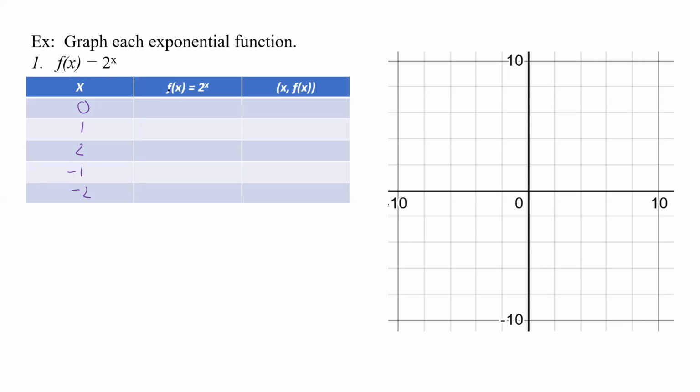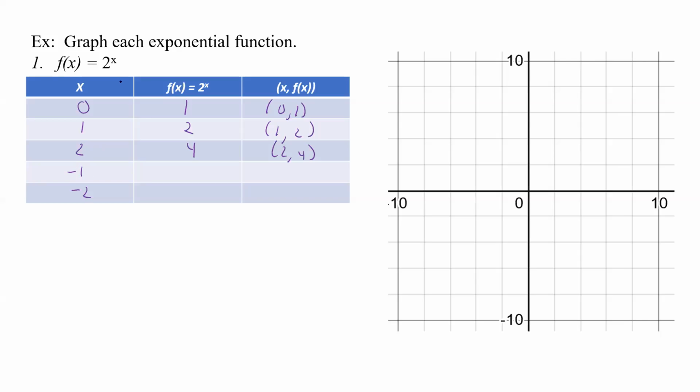And so f of 0 is going to be 2 to the 0. Well, what is 2 to the 0? That's 1. And so that gives us the point 0, 1. They said that should be one of the points, and we do see that it is. Now if we plug in 1, 2 to the 1 is just 2, so we'll have 1 comma 2. If we plug in 2, 2 squared is 4, and so that will give us 2 comma 4.